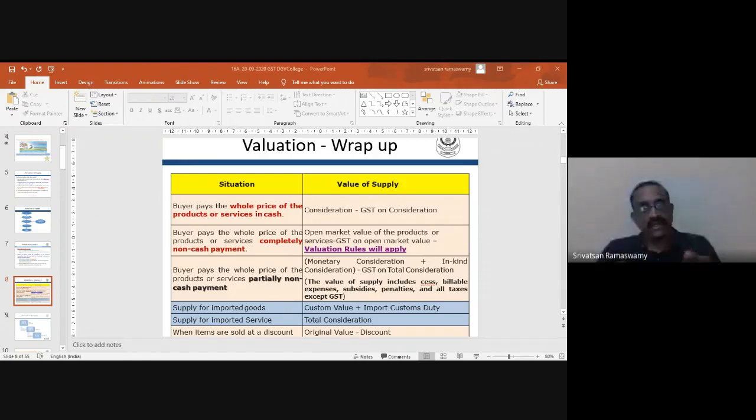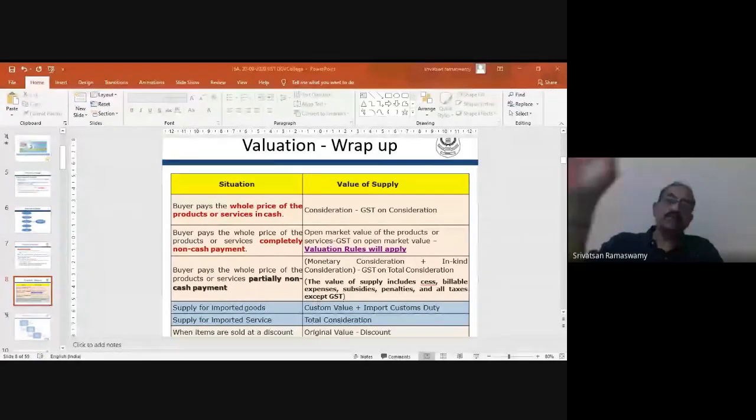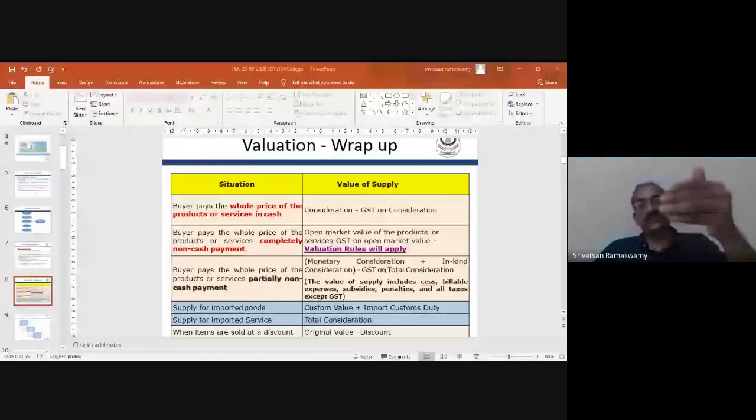So this is what I said about when I receive partially as non-cash. What is the non-monetary consideration that I am receiving from him? Supply of interior decoration services. So whatever is the amount attributable to that shall also form part of the transaction value. So the value shall not be 60 minus 40.